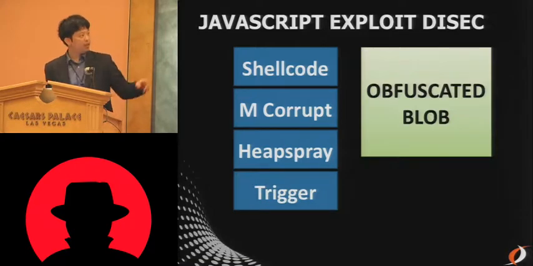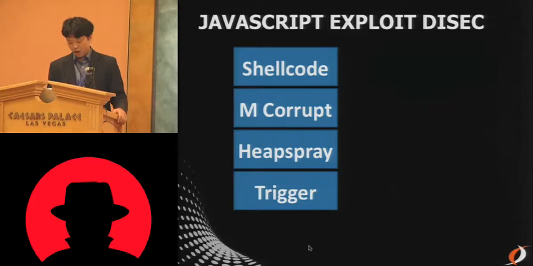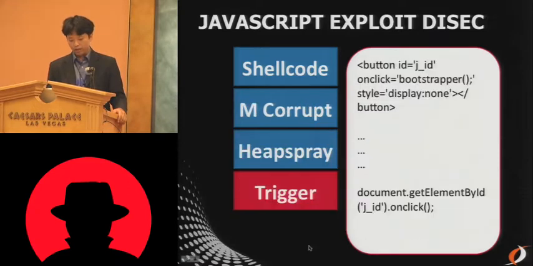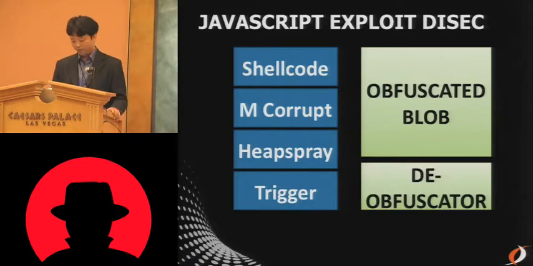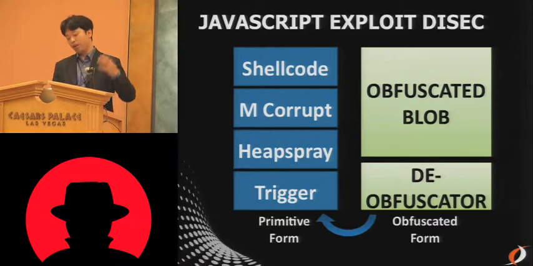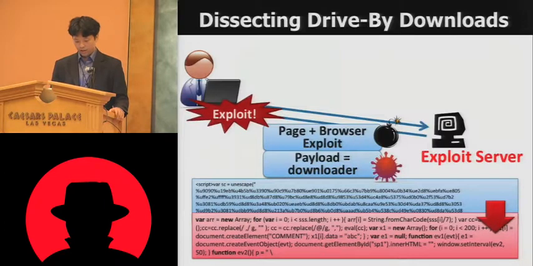And all this JavaScript code is often obfuscated into a big blob of unreadable code and then deobfuscated to its primitive form. So we call them the obfuscated form and the primitive form. As you see in the previous slide, here's the obfuscated form and here's the primitive form.